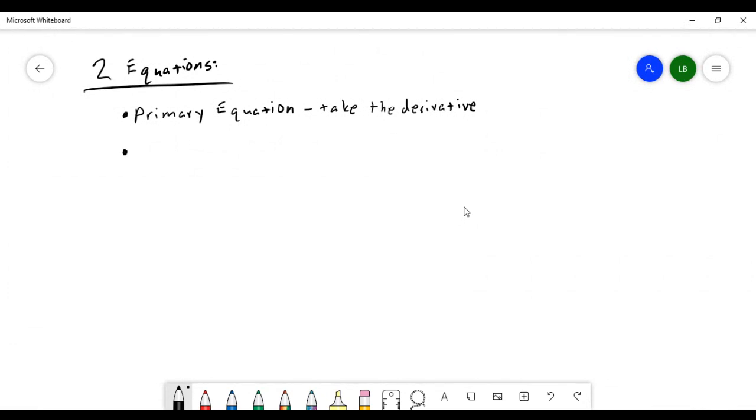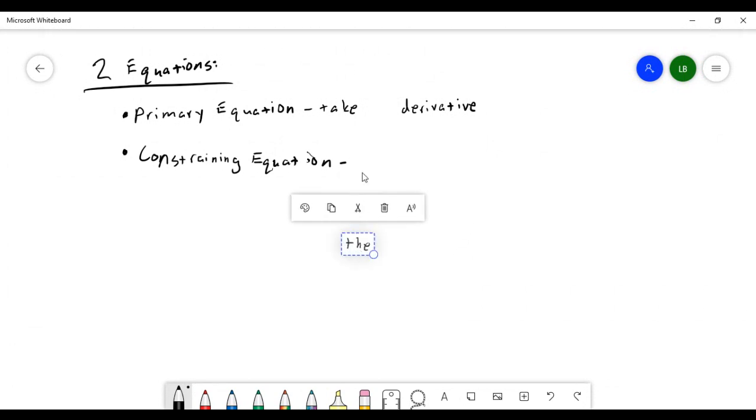Then we have a second equation. I like to call it the constraining equation. And this is usually the function that limits your materials.